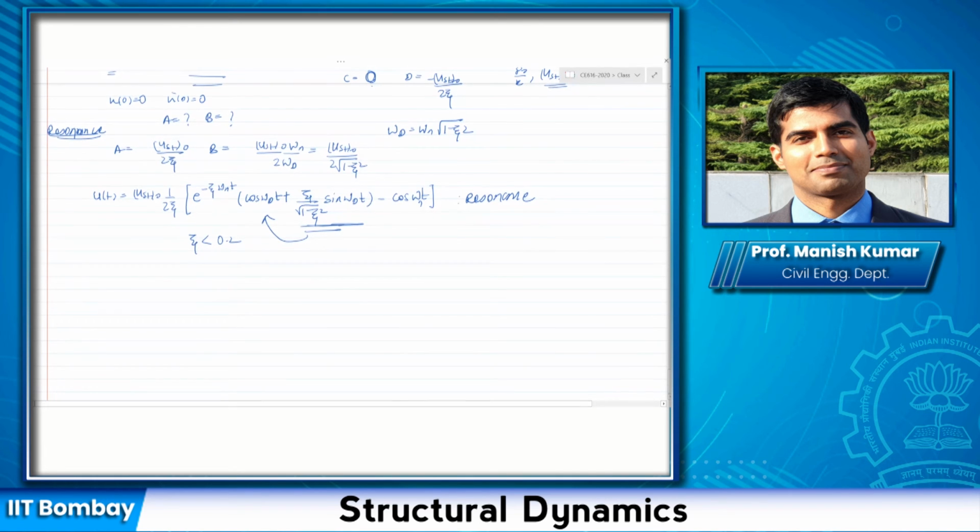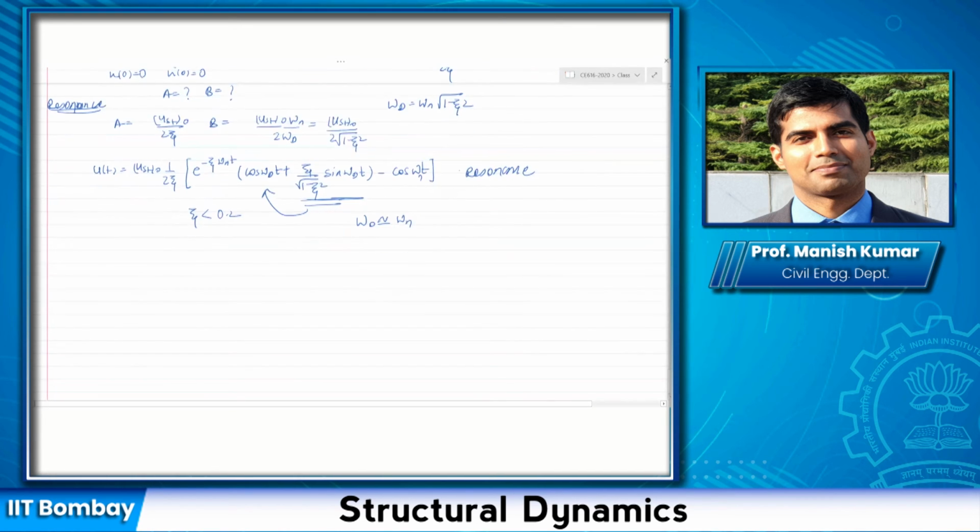And my omega d would also be equal to omega n because my damping is small. So I can further simplify this as u_st0 divided by 2 zeta, e to the power minus zeta omega n t, and only cos omega d t would survive. The second term, because it is multiplied with zeta, would become 0.